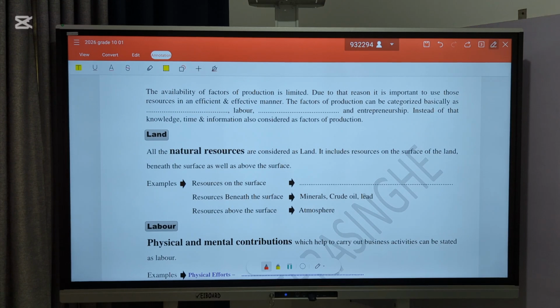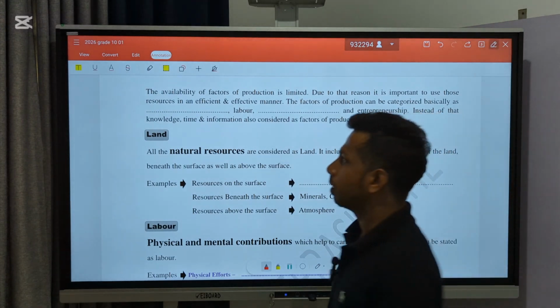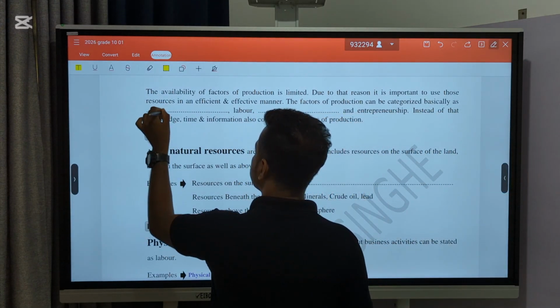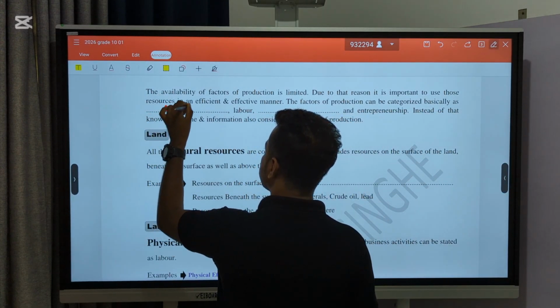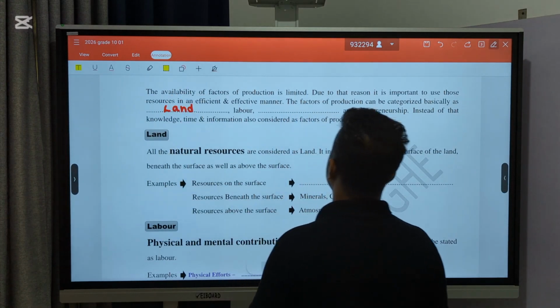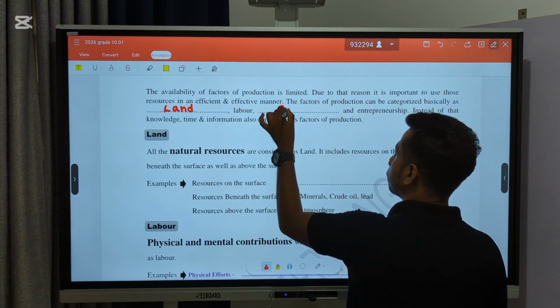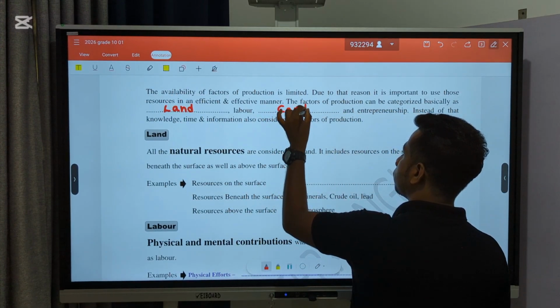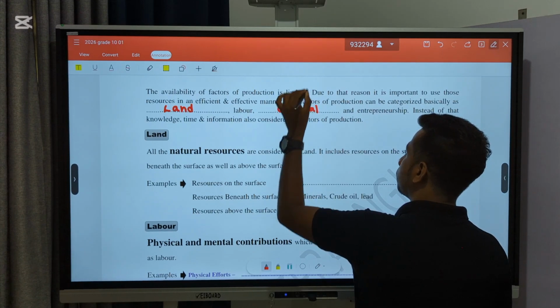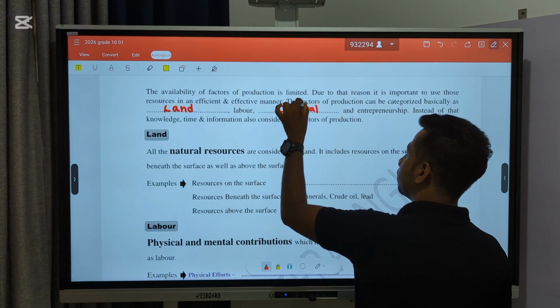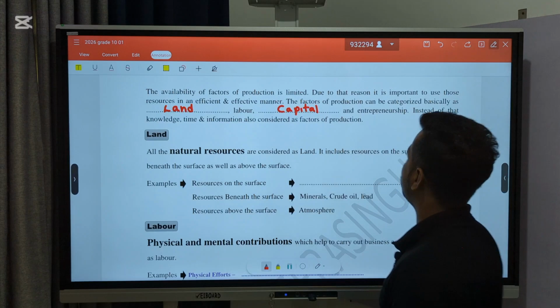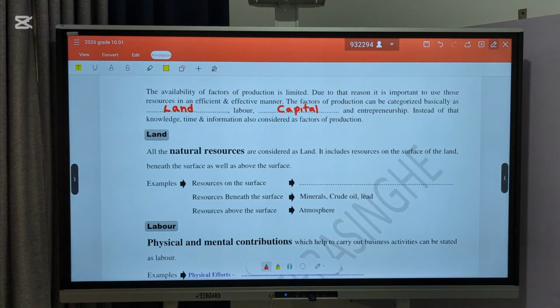The factors of production can be categorized basically as, come on, you can fill the blanks, dear children: land, labor, capital, and entrepreneurship. Instead of that, knowledge, time, and information are also considered as factors of production.